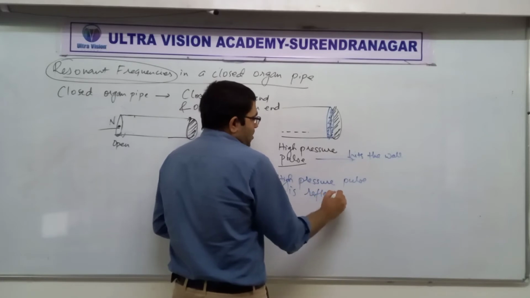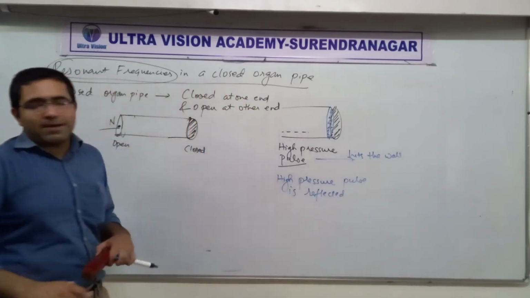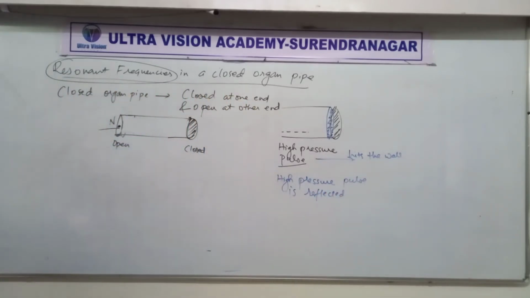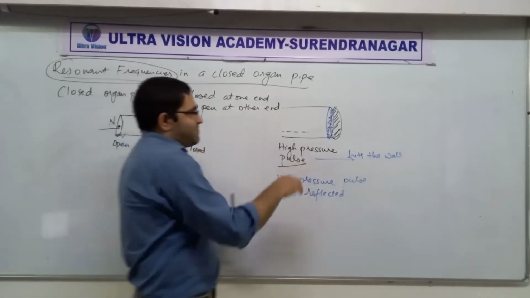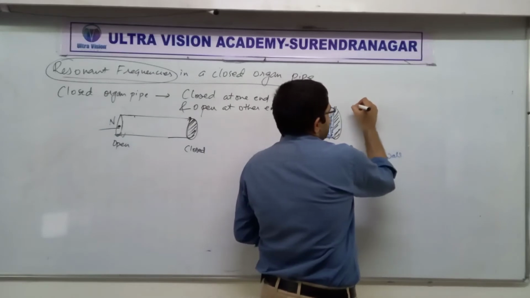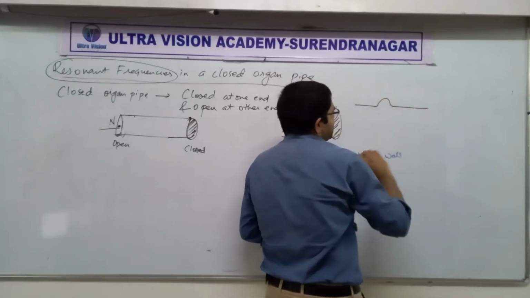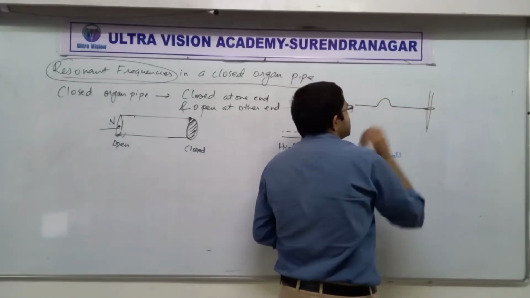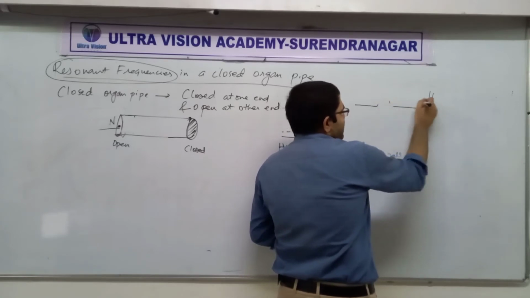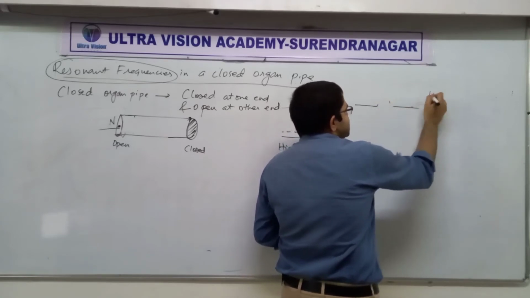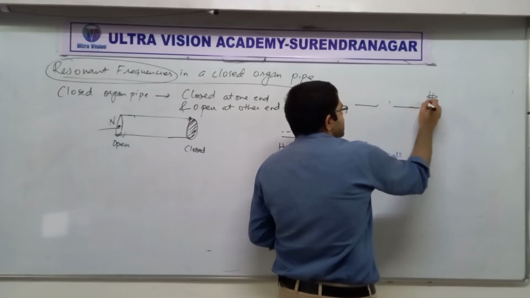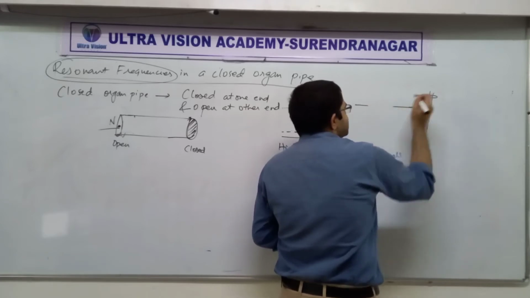This is actually the opposite of what happens at an open end, right? In fact, this behavior is like this. When a string wave arrives and here there is a ring, what will happen when the wave arrives here? The ring will rise.